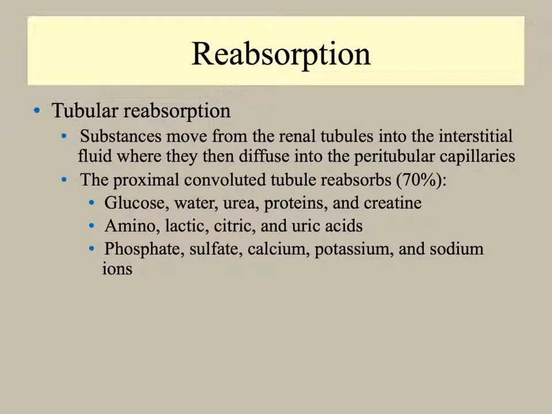So this is called reabsorption. Things are moving from the renal tubule into the interstitial fluid, and then from the interstitial fluid into the peritubular capillaries. So it has multiple steps to get there. But the proximal convoluted tubule, which is the first part of the nephron after the glomerulus, is where most of the reabsorption happens.